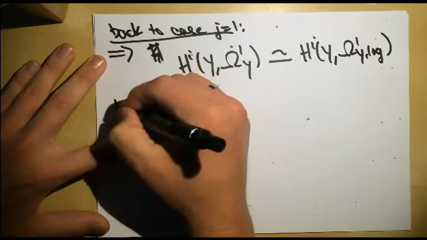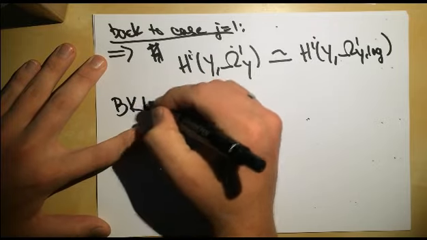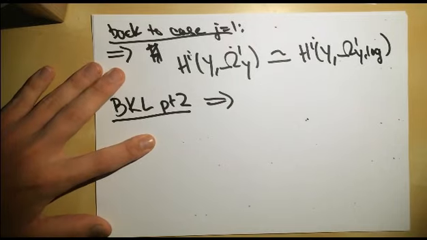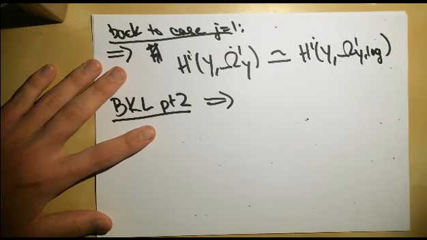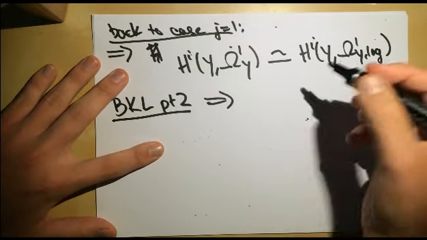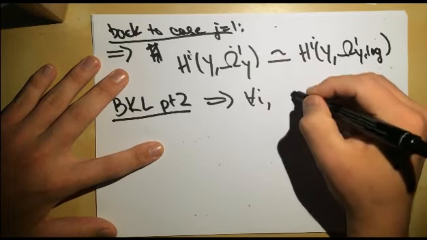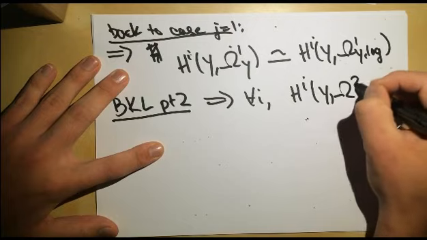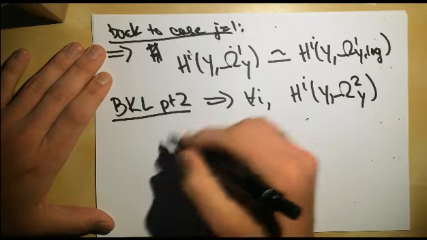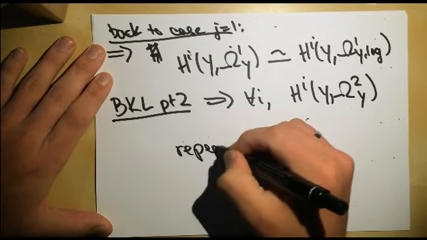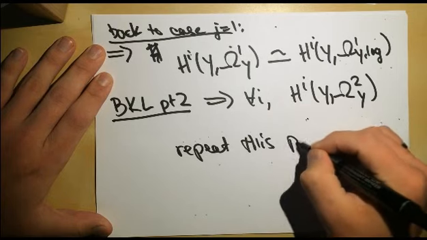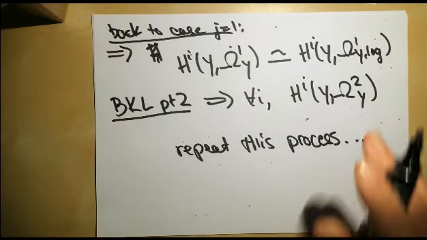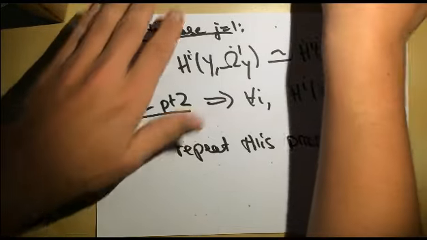Okay, and then the Bloch-Kato lemma, part 2, tells us that we get the next stage of vanishing, for Ω^2_Y. Okay, and then you repeat this procedure, and this will eventually tell you that the whole thing is 0.